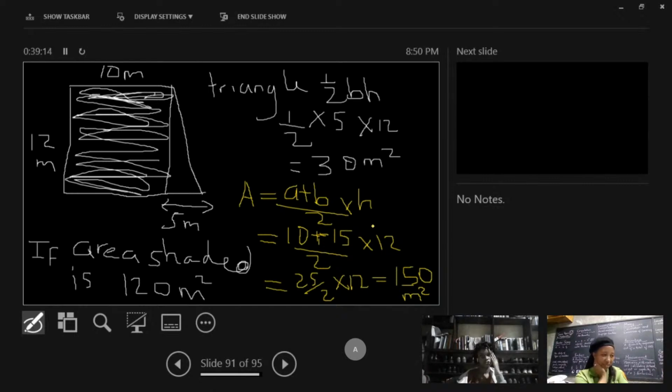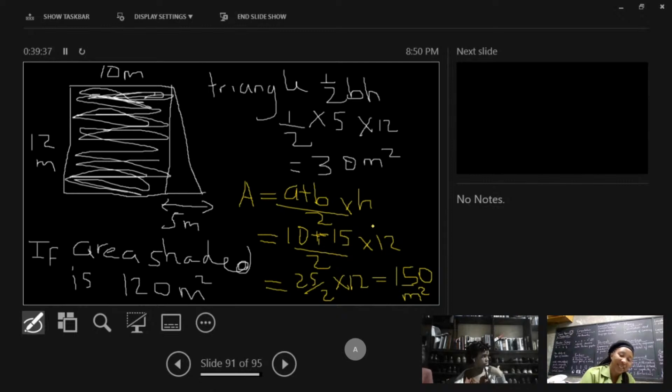Tell me if there is any other way. Miss, we could use trigonometry, a squared plus b squared equals c squared. Could we use that, to find what?